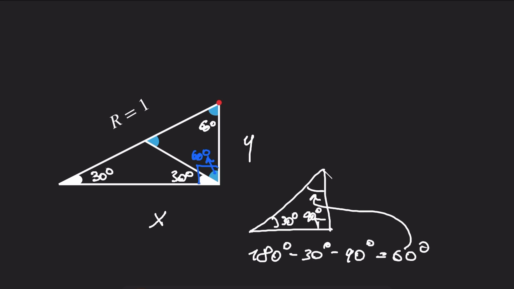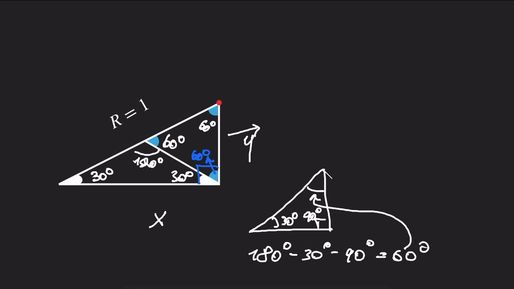So this angle is equal to 60 degrees. Then, since the sum of the angles of any triangle is equal to 180 degrees, this angle is now also equal to 60 degrees. So you see, I've got an equilateral triangle here, so all the sides of this triangle are equal. At the same time, here I've got 30 and 30, and this angle is equal to 120 degrees.